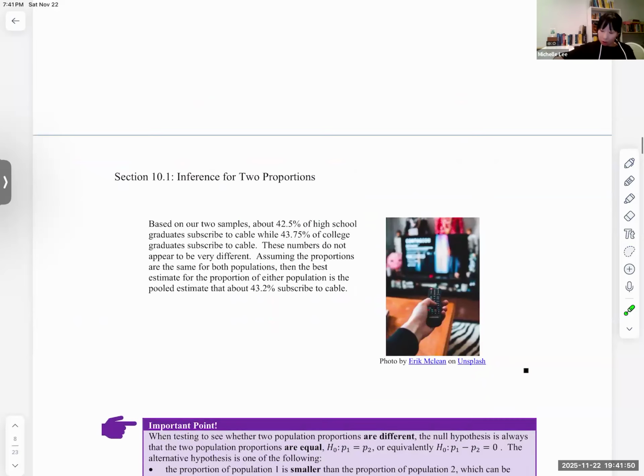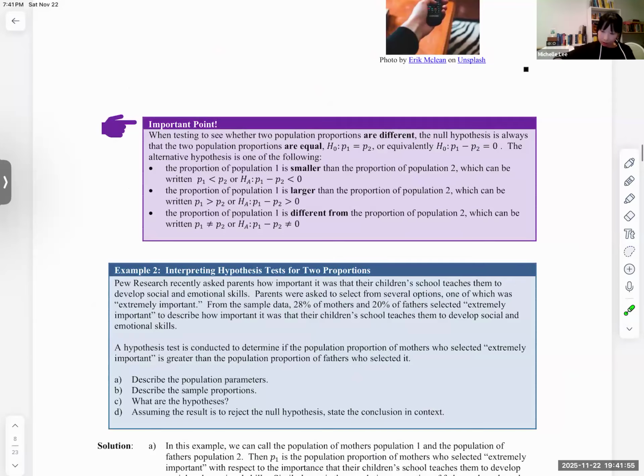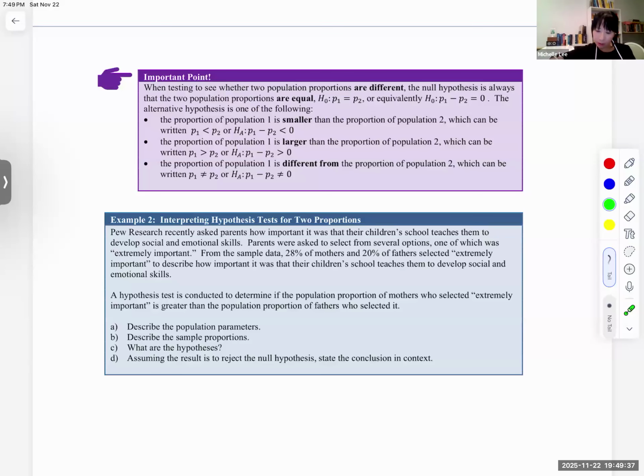All right, so let us take a look at this one. Let me arrange these notes. All right, so let's talk about the symbols, the inequality symbols. We did it earlier, right? We have less than, so smaller: the proportion one is smaller than the other, right?